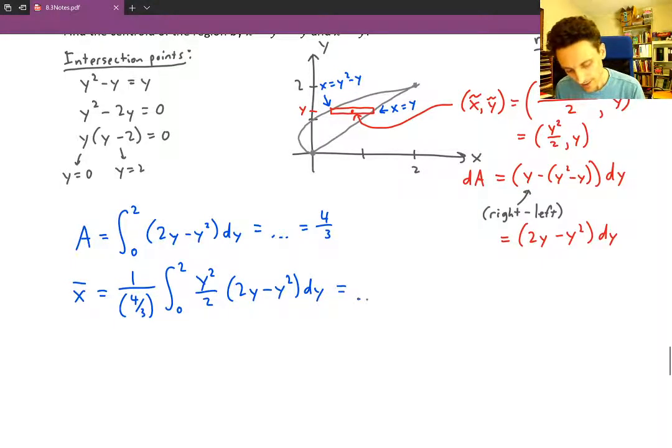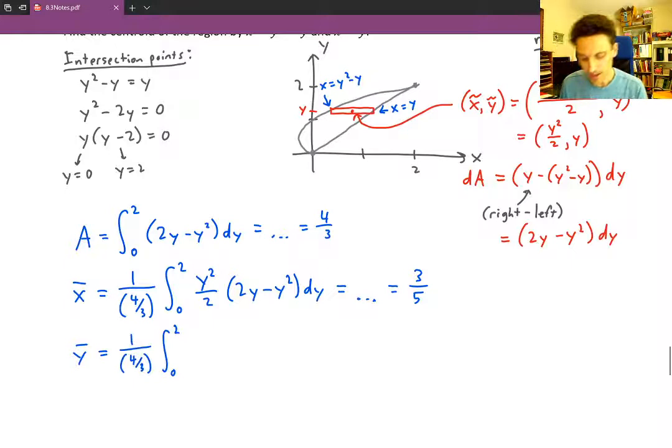Again, you can work that out. In this case, you'll get 3/5. Then we have y bar, which is 1 over the area, times the integral from 0 to 2 of y tilde, which we said was y, and then dA, which is the 2y minus y squared dy. Again, work that one out, and you get exactly 1.